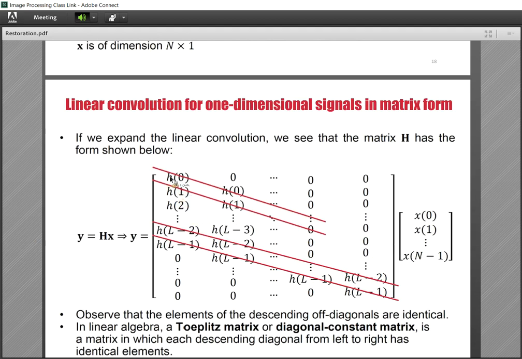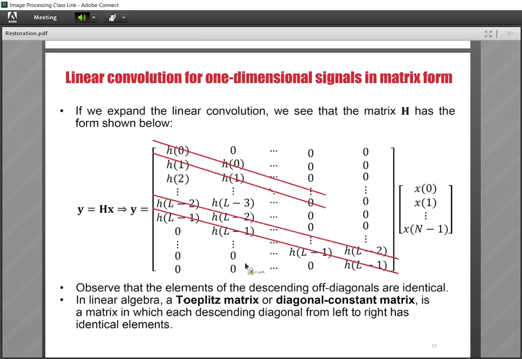For example, here, h0, 0, 0, 0, 0, 0, 0. h1, 0, 0, 0. h2, h1. h3, h2, h1. h4, h3, h2, h1. h5, okay, and h(L-2), h(L-3), h(L-4), etc. To here, and the last one, 0, 0, 0 to h(L-1).